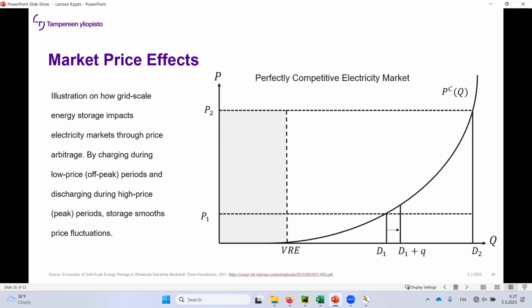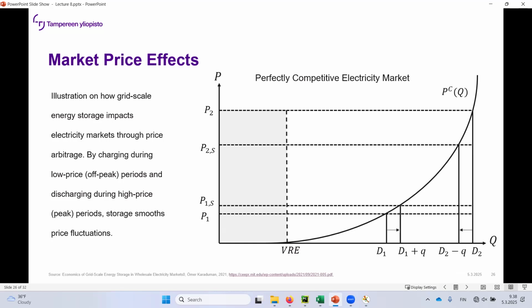Then, if you have a grid scale storage, what's going to happen is it's going to increase your demand. So it's also going to affect your price. So the price goes up, and at the highest demand hours, if you have your storage and you can discharge it, it's going to affect the price.